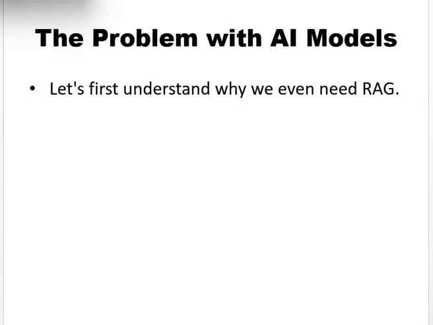Sometimes it gives a partially correct answer and sometimes it completely hallucinates, and hallucination simply means the AI generates information that sounds believable but is actually incorrect. This is one of the biggest challenges when building AI applications for business. Companies don't want guesses, they want accurate answers based on their own data. That's why RAG comes in the picture.